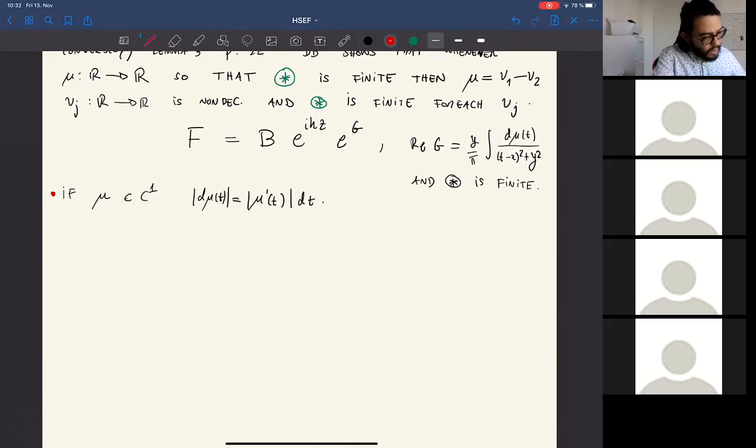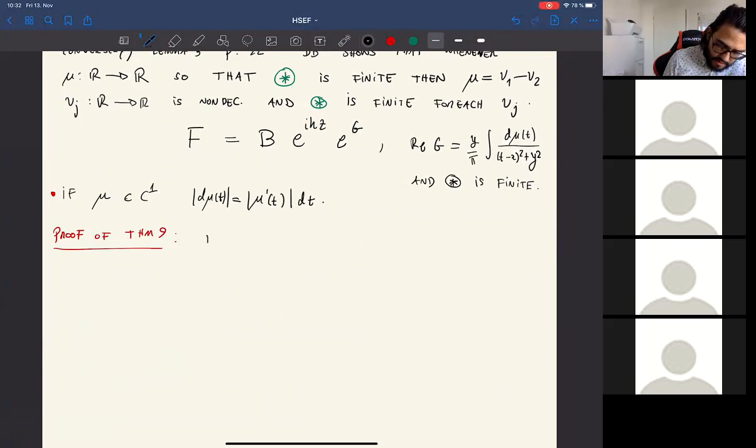Okay, great. So let's start proving this. So, proof. It's a very fast proof if we don't do this lemma about the measures and so on.